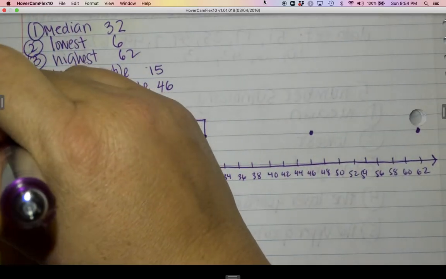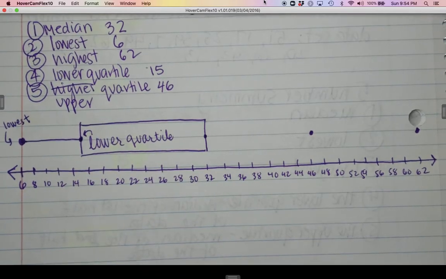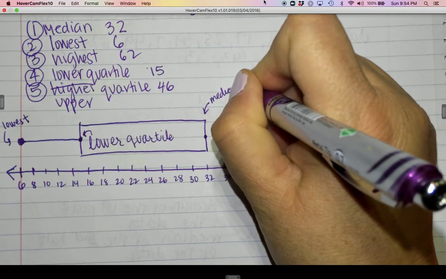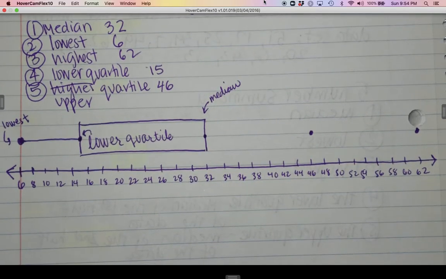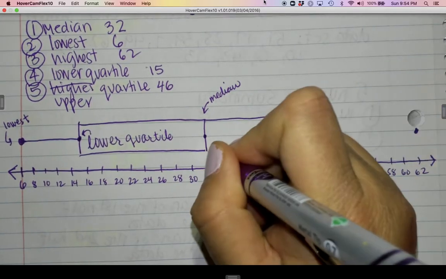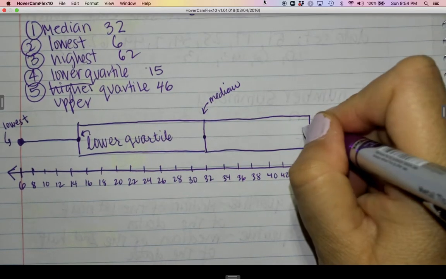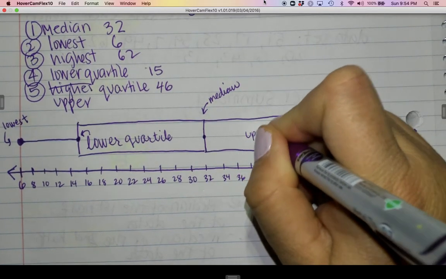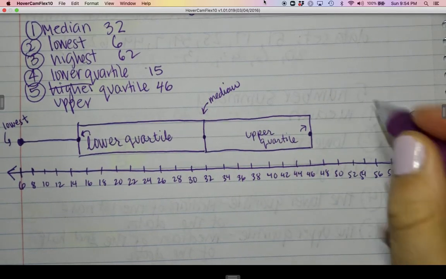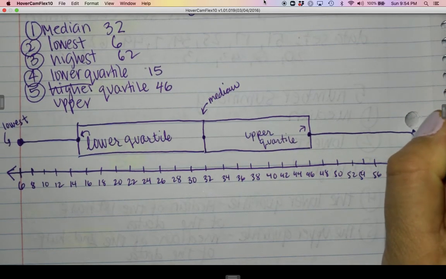This dot is the lowest. Then I have my median. And then I'm going to make another box that connects my median to my upper. And then I use a line to connect my upper to my highest.